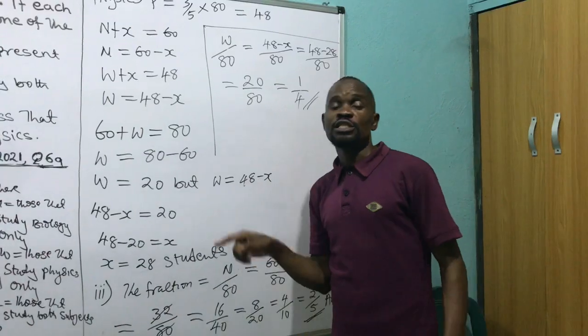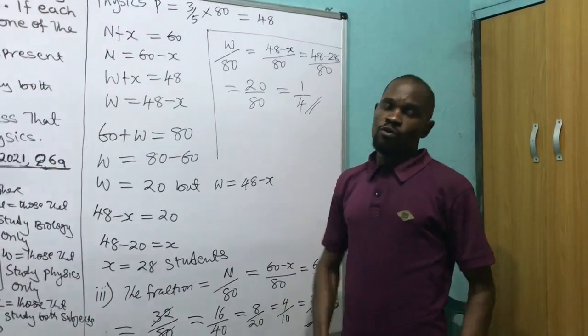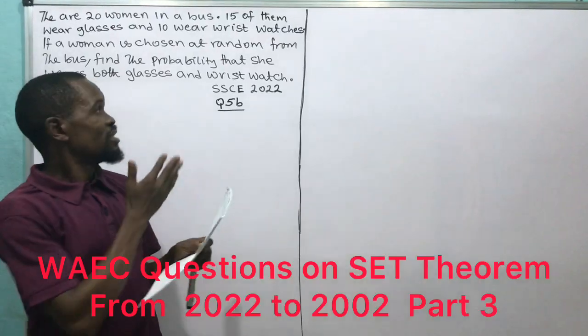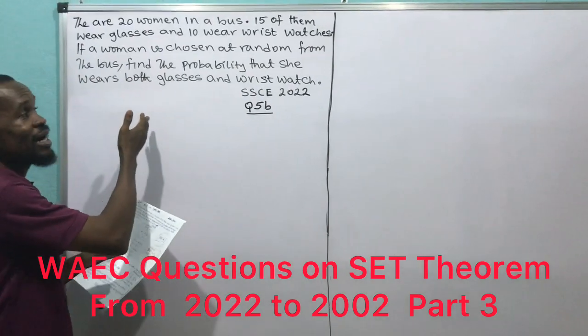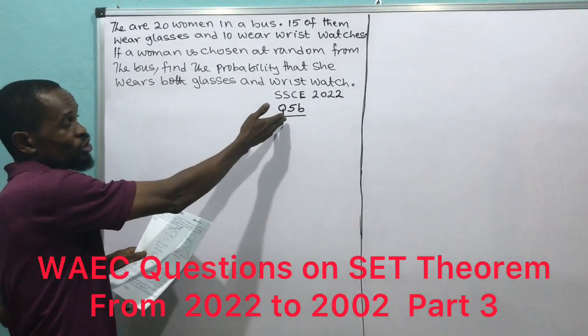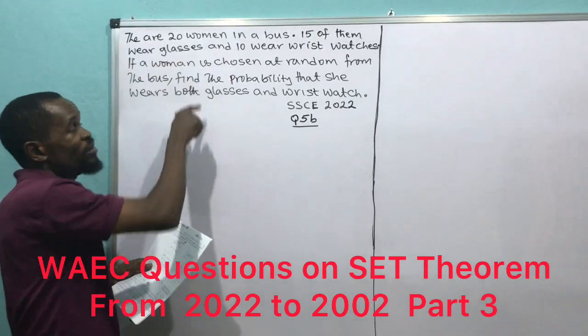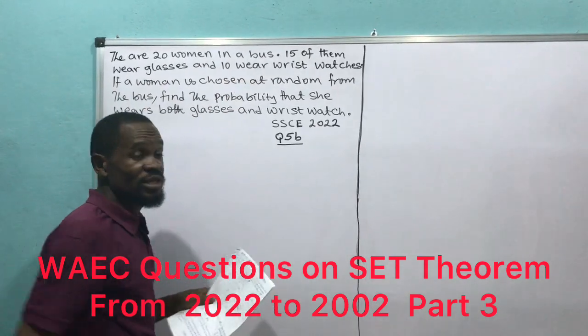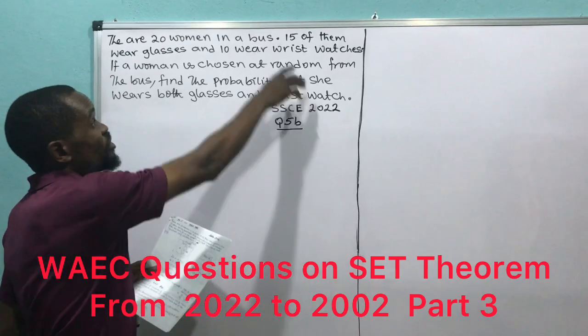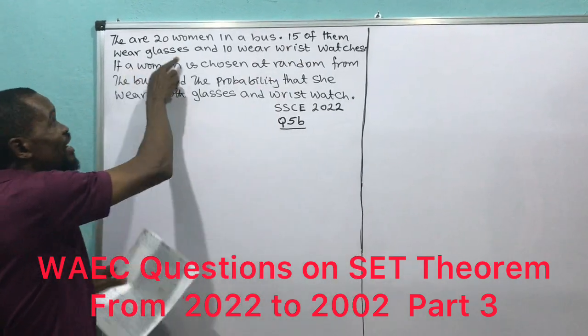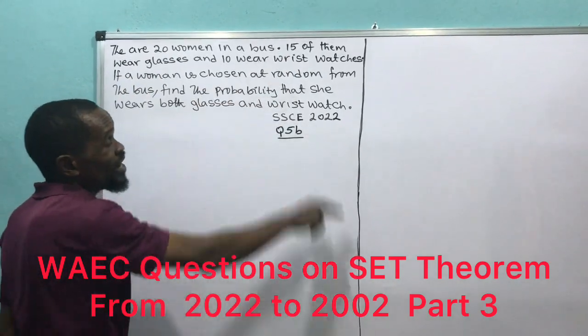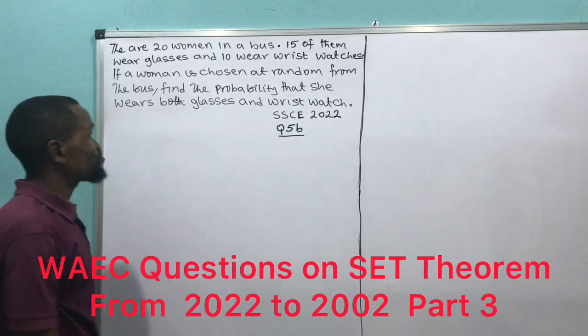We go on to part 4. This is the question we have here, which WAEC asked in 2022, question number 5B. He said, there are 20 women in a box. 15 of them wear glasses and 10 wear a wristwatch.